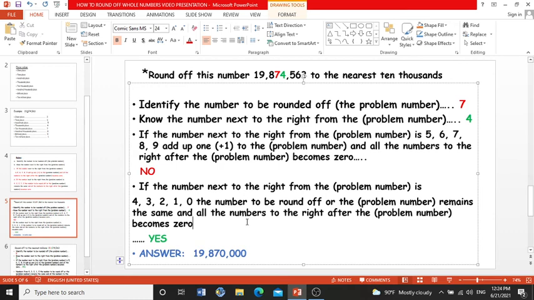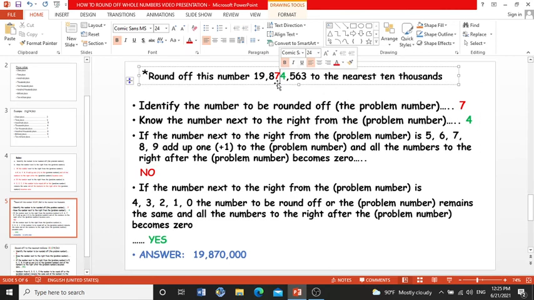Okay, never mind. If the number next to the right from the problem number is 4, 3, 2, 1, 0, the problem number to be rounded off remains the same. So this is our target number, number 7, and the next to the right is 4. See? The number next to the right from the problem number is 4.